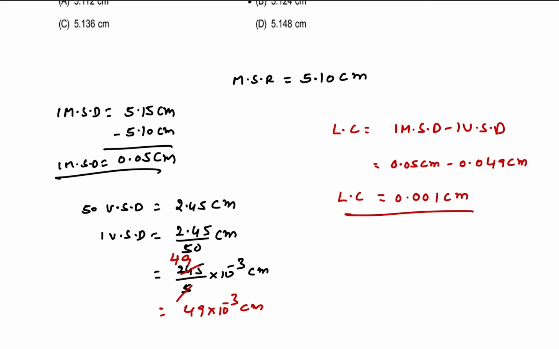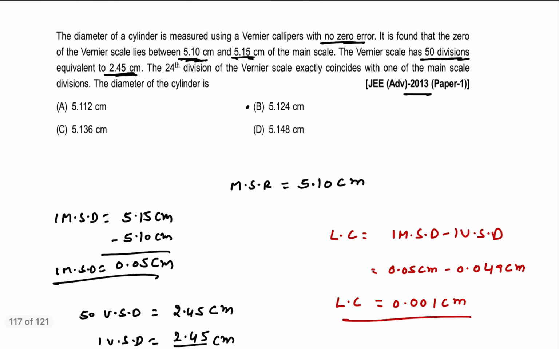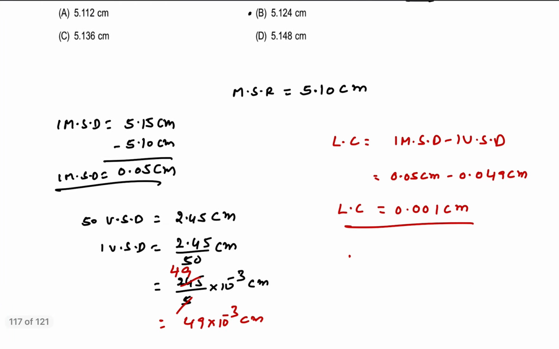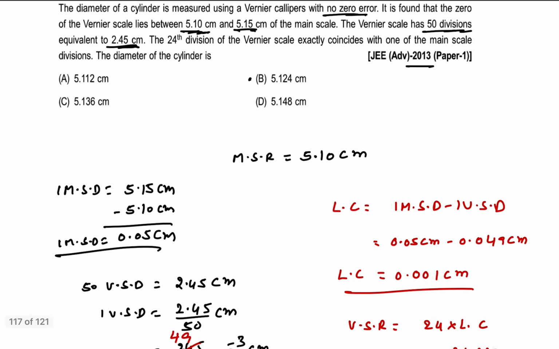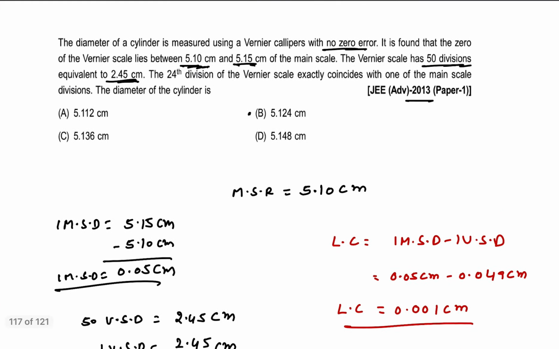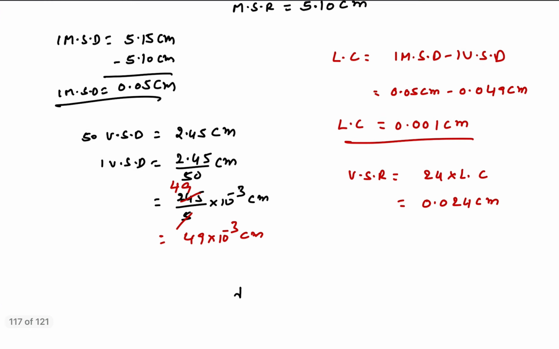This is my least count. After getting least count, you have to calculate the vernier scale reading. Which division is coinciding? 24th division. 24 into least count is 0.024 centimeters. Now I have the vernier scale reading and the main scale reading. You need to calculate the diameter of the cylinder.